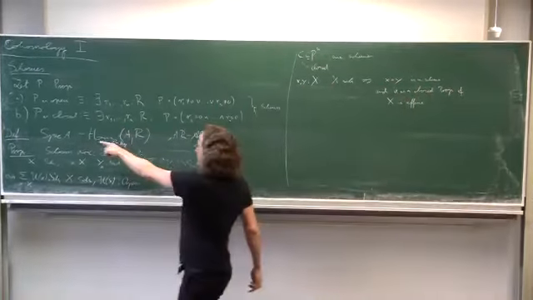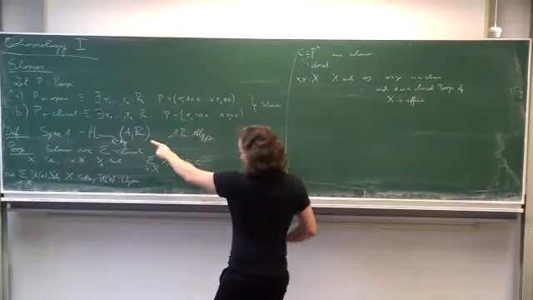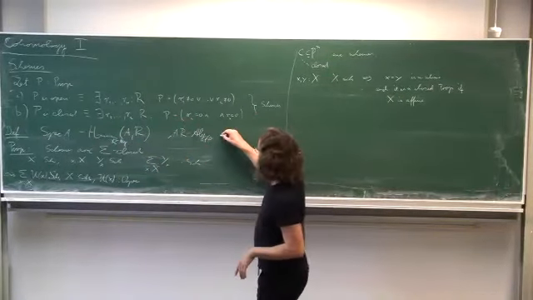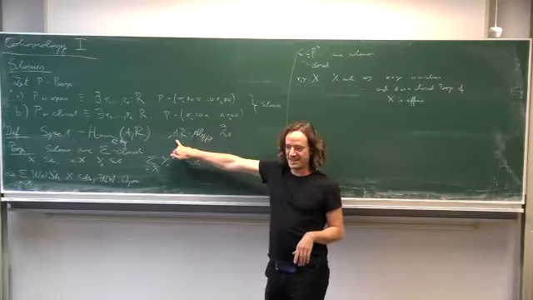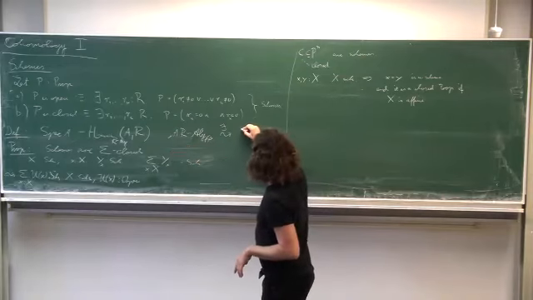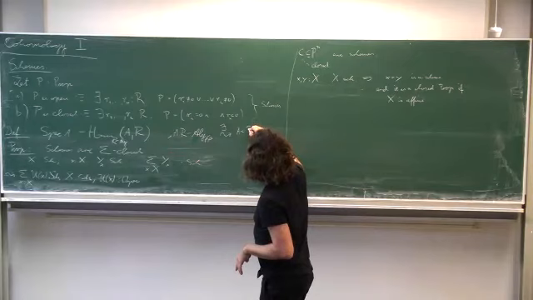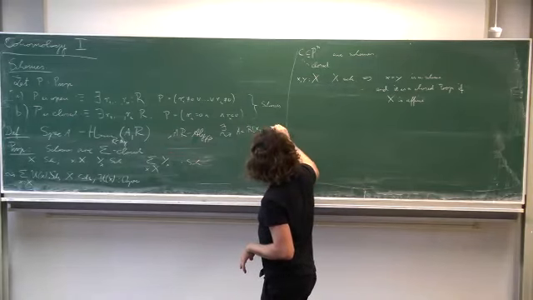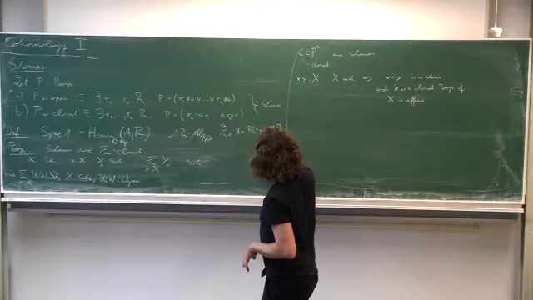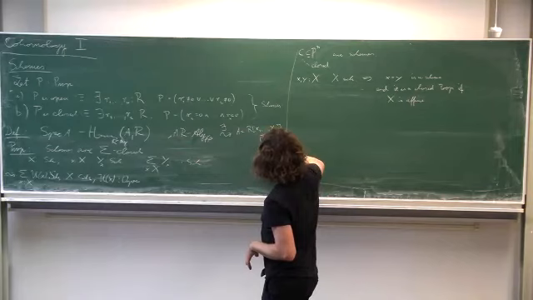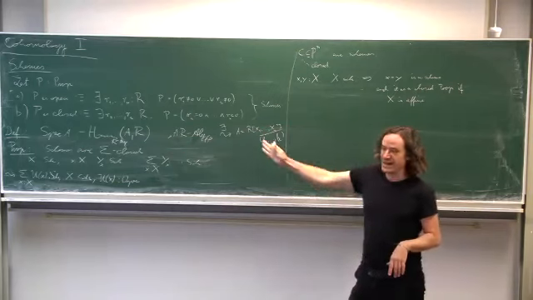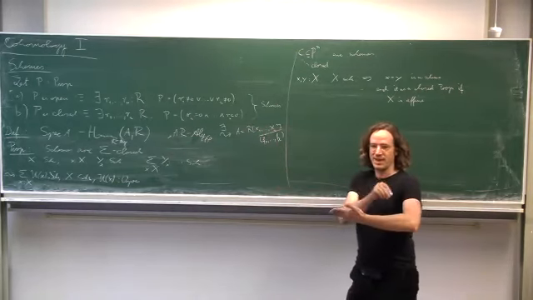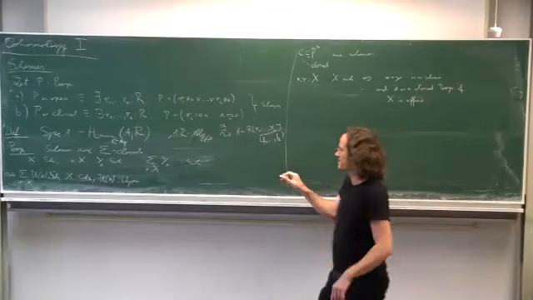But for affine schemes, which come from finitely presented algebras, we know that there exists a finite presentation of this algebra, and this finite presentation, F, because I used P already so much, gives us an embedding into affine space.